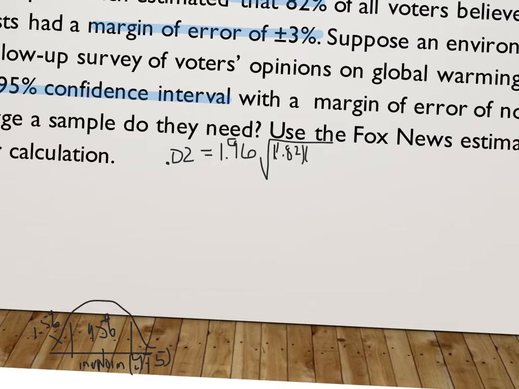And that means our probability of failure is 18%. And because we don't know the sample size, we're going to use n. Now, to solve, you could divide by 1.96 first if you wanted to.